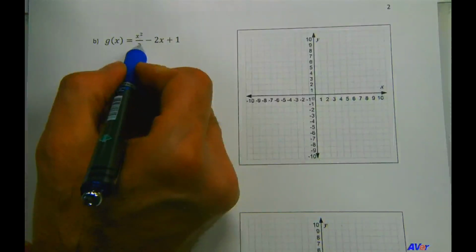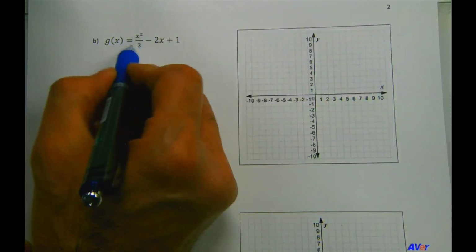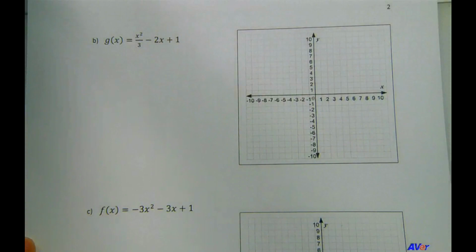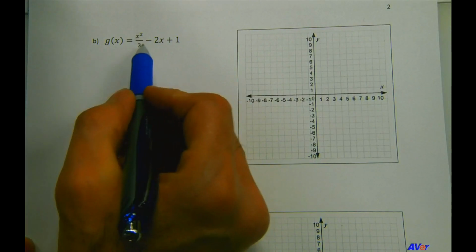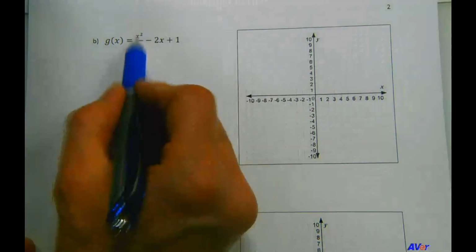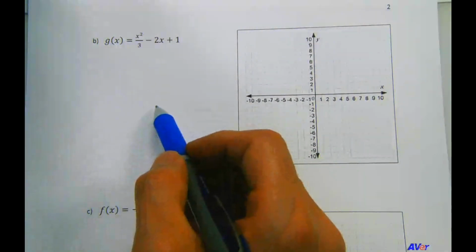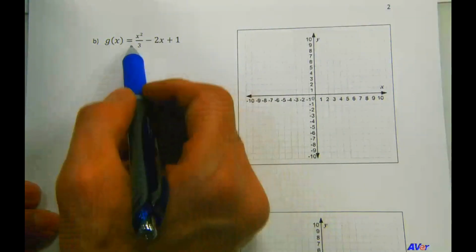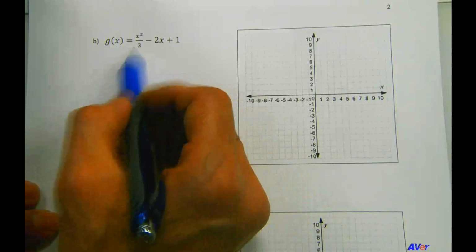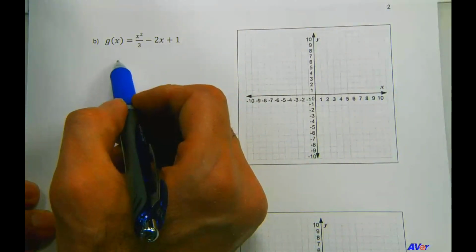In this case, the coefficient of the quadratic term is definitely not positive 1, right? Remember, we can only use the completing the square method if the quadratic term has a positive 1 coefficient. In this case, what is it then? If it's not 1, what is it? Do you see? It's 1/3.